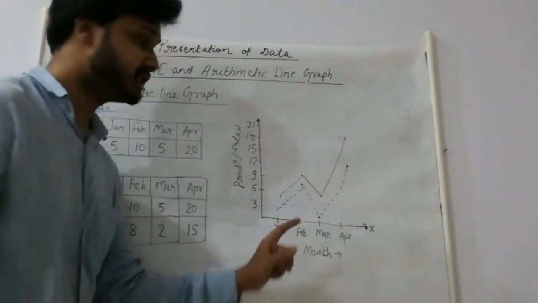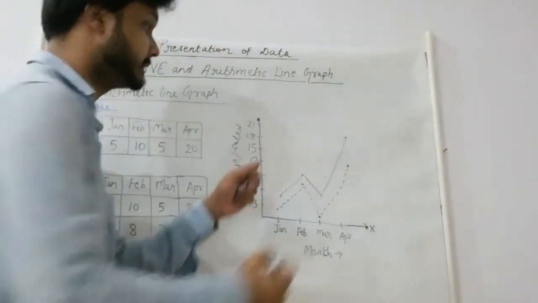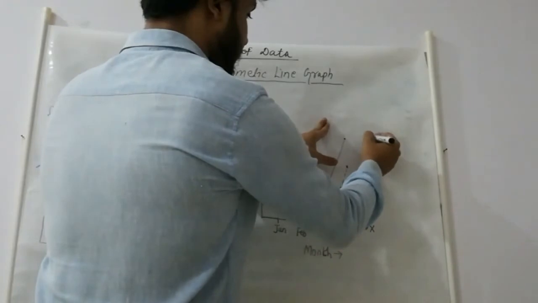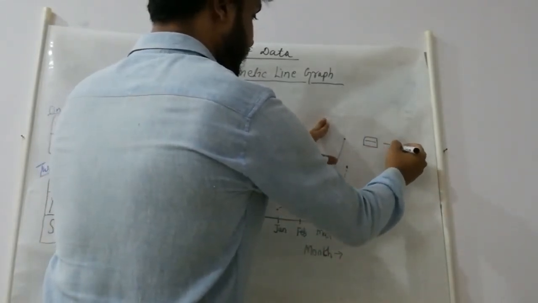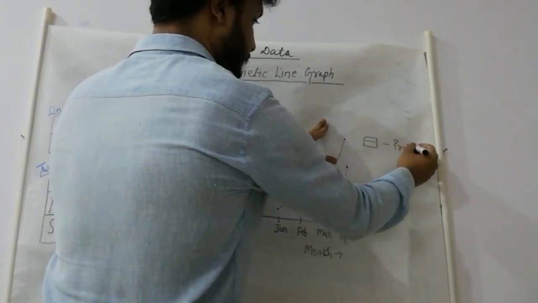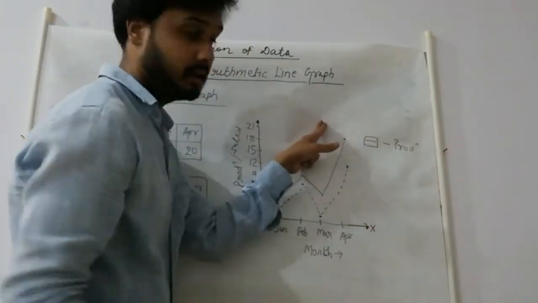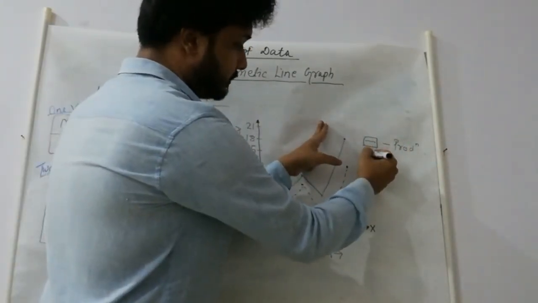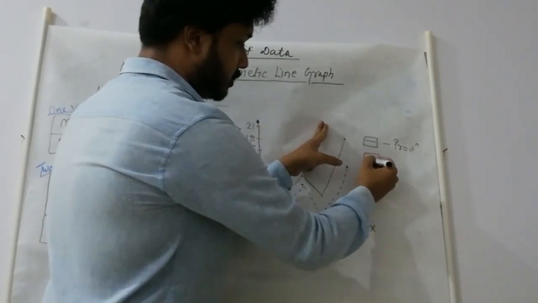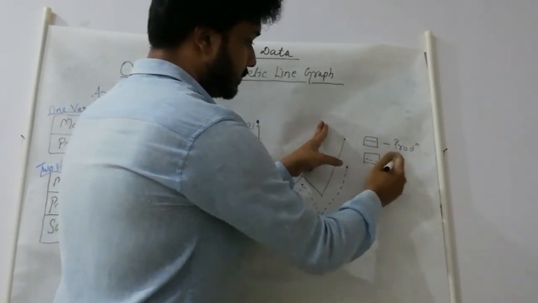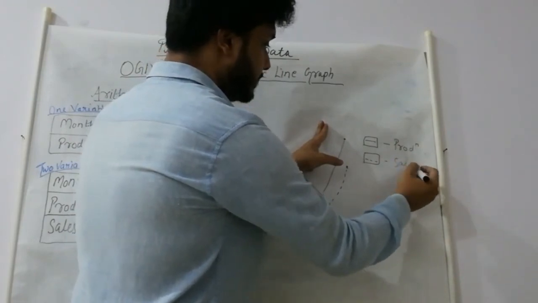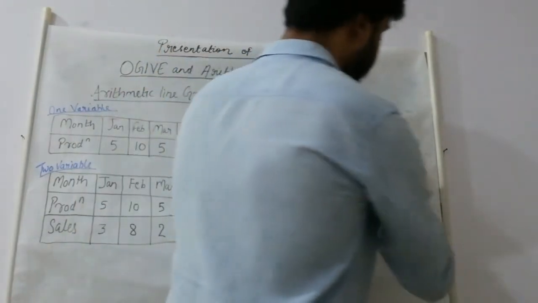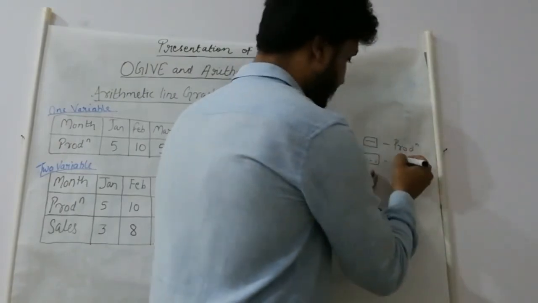There should be a difference between both the lines so that we can show this in the index, that a straight line is representing production, and the line which is dotted or broken line will show sales of the company.